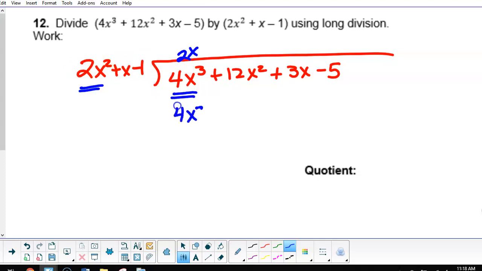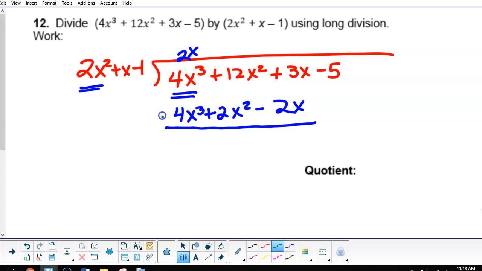So I get 4x cubed plus 2x squared minus 2x. And then we all make a mistake unless we remember we are subtracting each of those terms. So this is a 0, this is a 10x squared, and this is a plus 5x, and I can bring down this minus 5, which looks like it's going to go in exactly what?